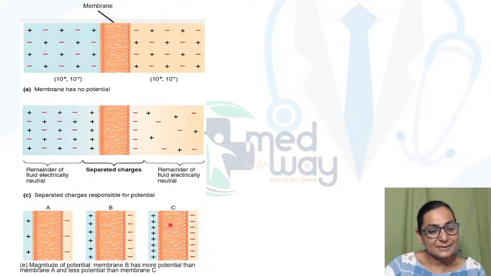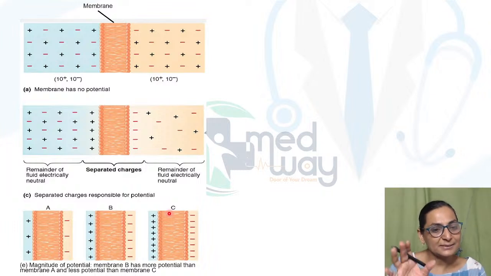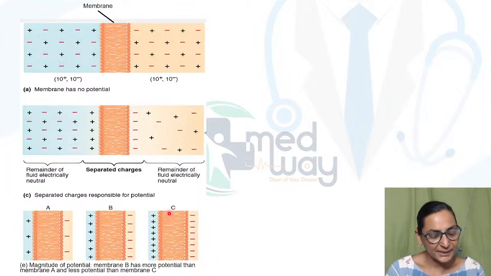This indicates that the magnitude of the resting membrane potential will be more if the number of unbalanced ions are more.